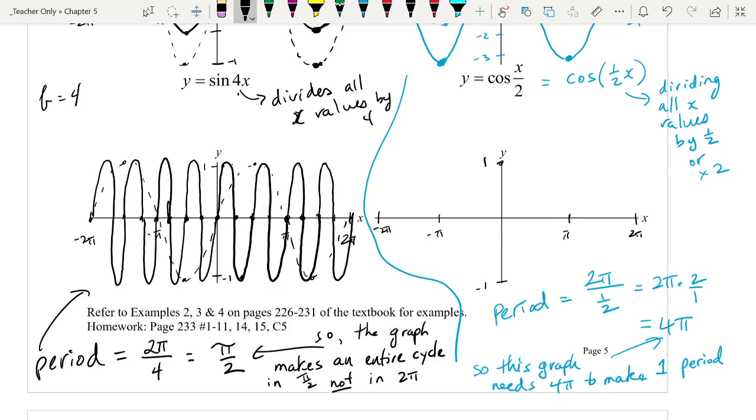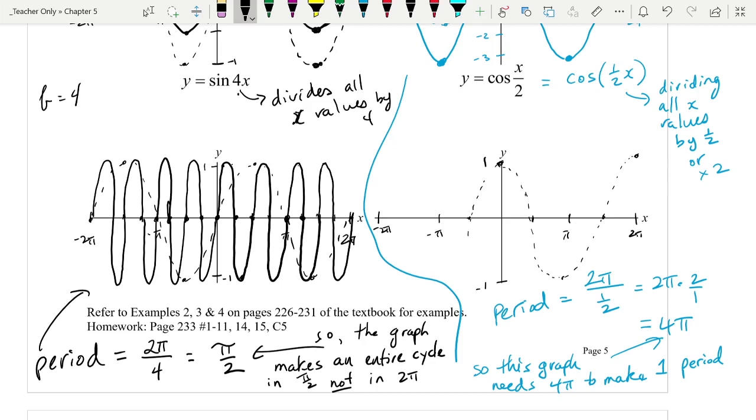Cosine starts here, and then it hits a 0 at halfway at pi by 2. Right? And then it's at its minimum down at pi, and it crosses again at 3 pi by 2, and then it makes it up to here. And okay, that's really wonky this time, but you get the idea.